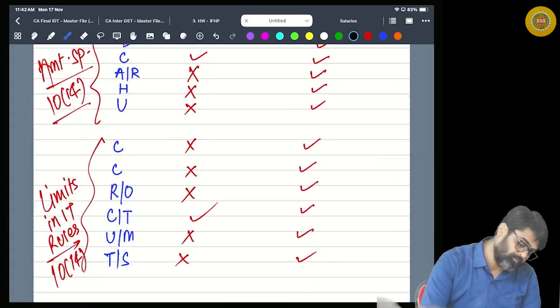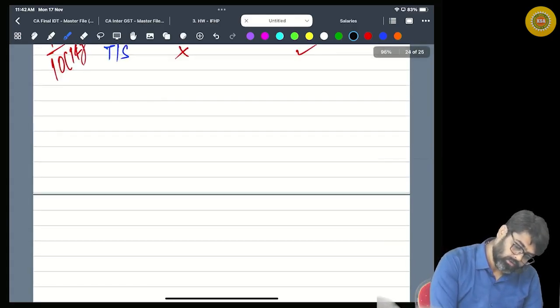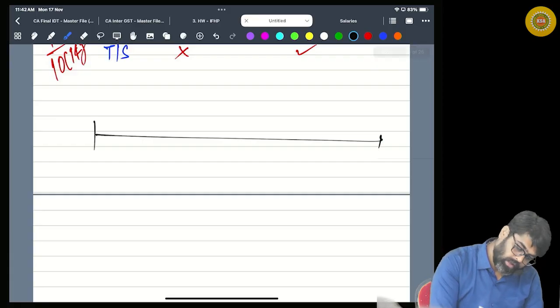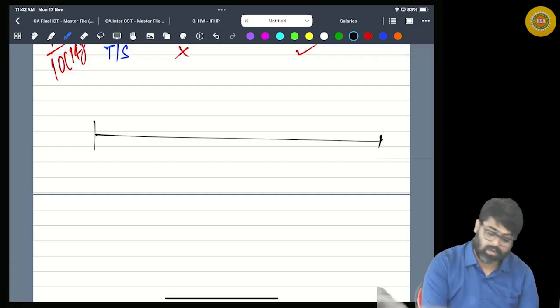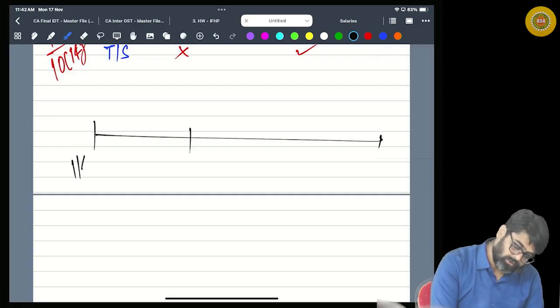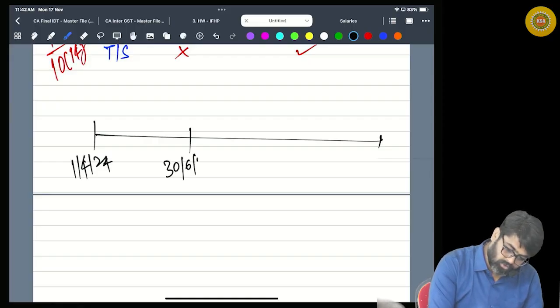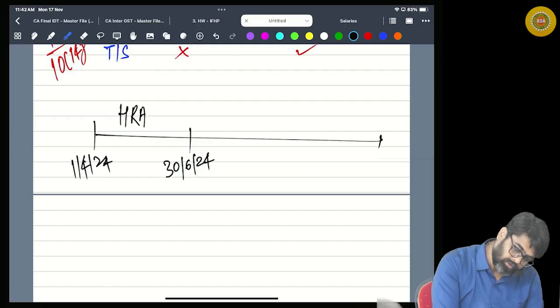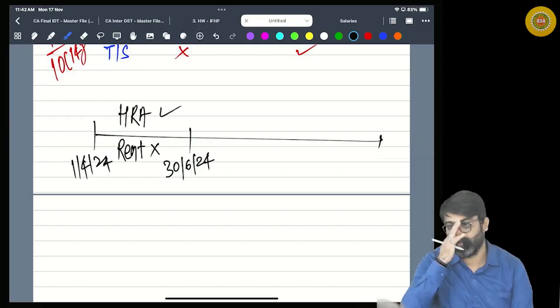So now tell me, from 1st of April 2024 to 30th June 2024, HRA is received, but rent is paid or not paid? Not paid. Yes or no?